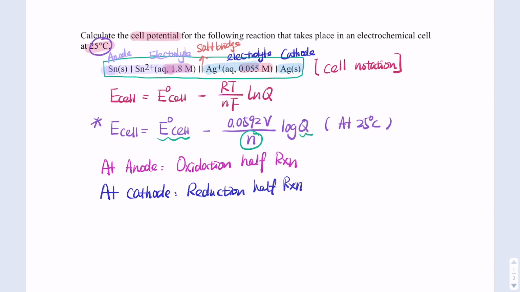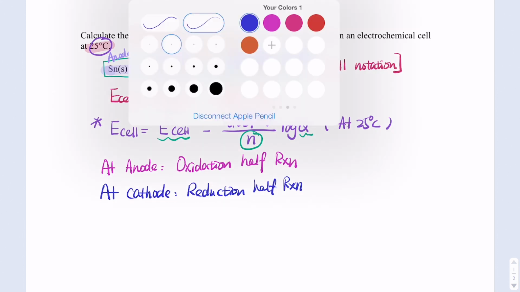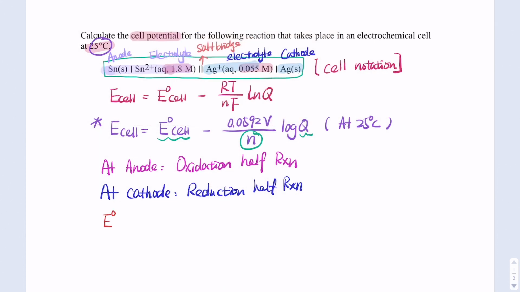Then you ask, why do I need this? This will help you figure out E cell. The standard E cell equals the standard reduction electrode potential of the cathode minus that of the anode.